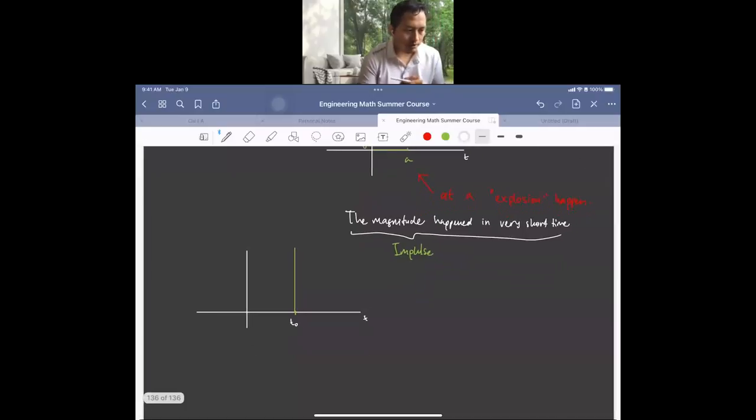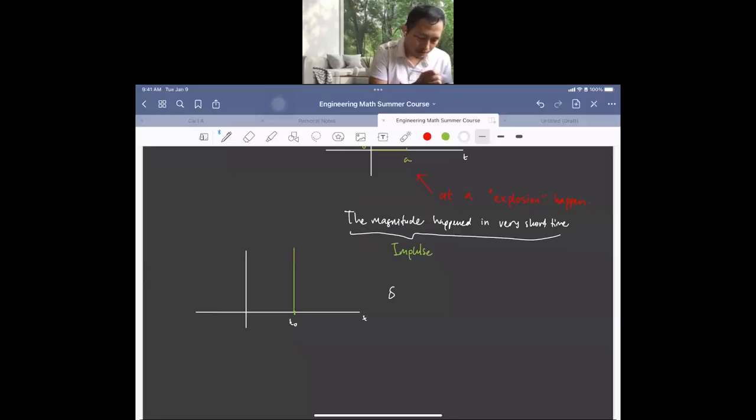We call this a delta, and since this is at t0, remember that we translated like in the Heaviside, so we have delta of t minus t0.